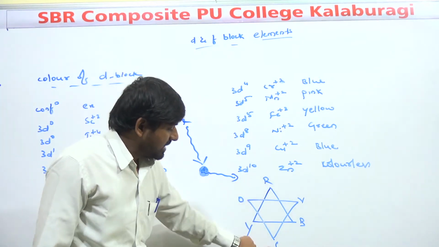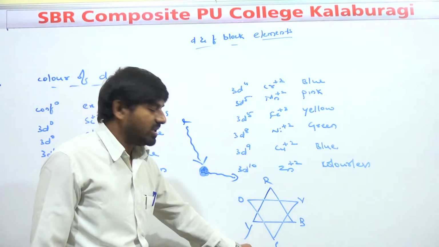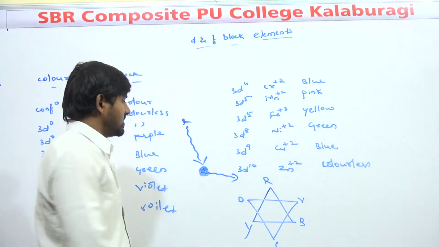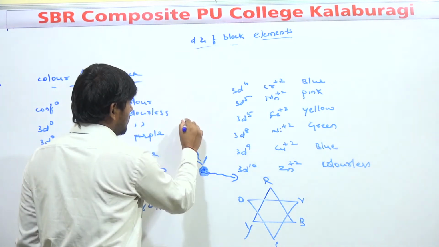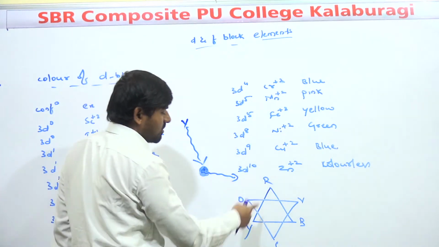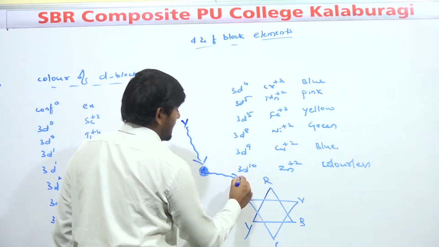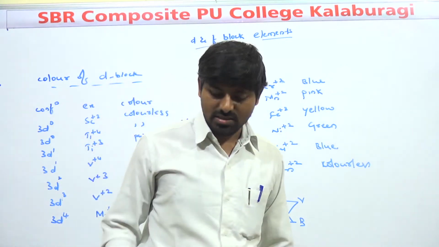Opposite to red is green, right? So the color of this substance will be green in nature. Now let us consider this substance, instead of absorbing red color, has absorbed yellow color. If it is absorbing yellow, then its complementary color will be violet. Means it will be violet in nature.